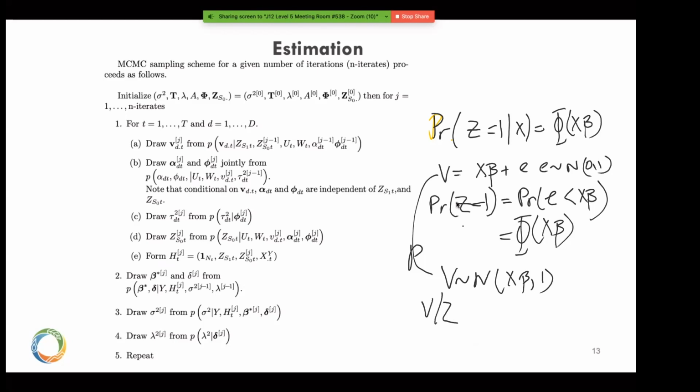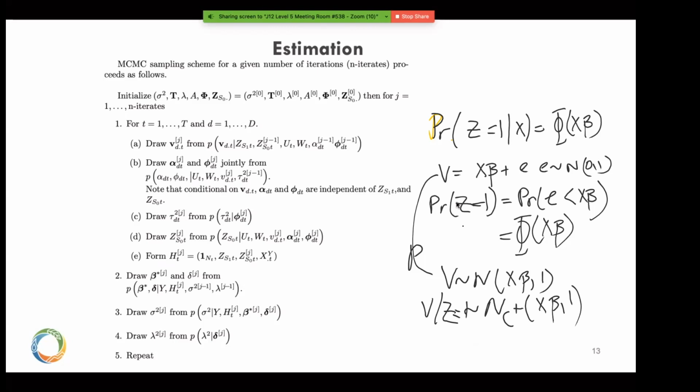V given Z is normal with a constraint, where the constraint depends on the value of Z, right? So this is normal(X beta, 1). If Z is equal to 1, then V is positive, right? We're constraining it to be positive, and if Z is equal to 0, then we constrain it to be negative.